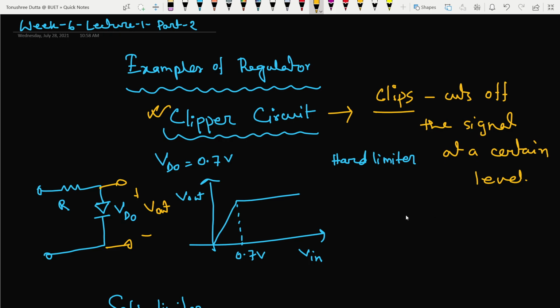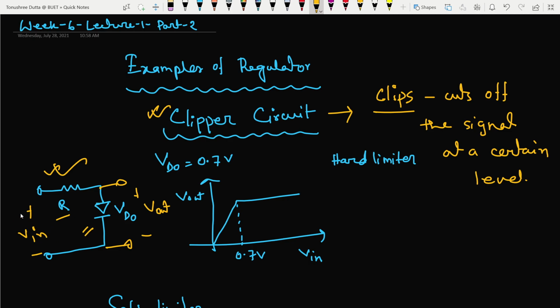Say we have a circuit like this where we have a resistor and a diode. If I take the output from the diode, I know that I am always going to get a VD0 output if my input signal is greater than VD0, according to the constant voltage drop model.